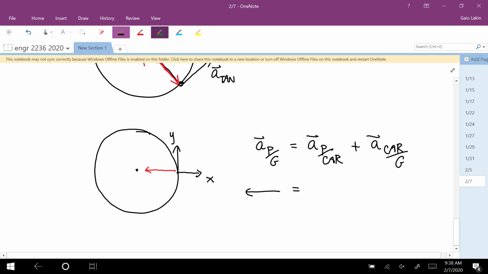If your fixed coordinate system is measuring the passenger, they see the passenger going in a circle, and this force is required to go that way. The acceleration of the passenger relative to the car: well, the seatbelt's holding the person into the car, so this is going to be 0. Car relative to the ground, that's also measured by the parking lot camera, so that's going to be this way.